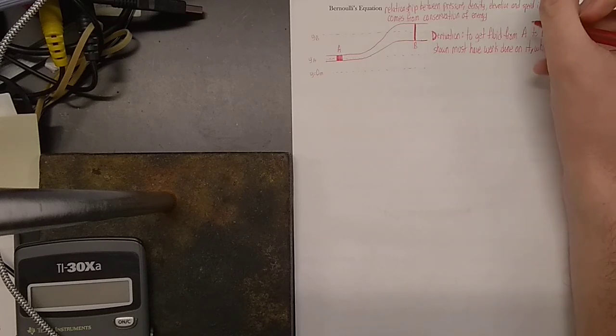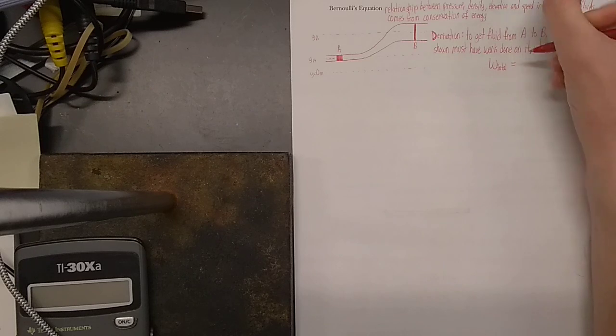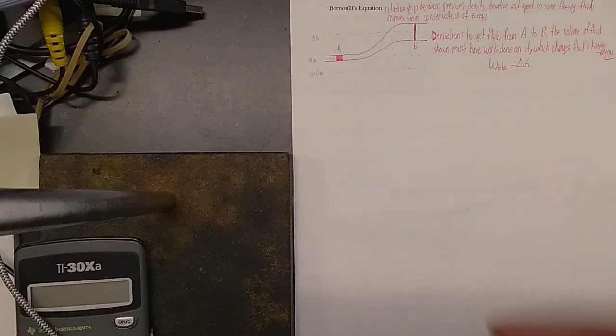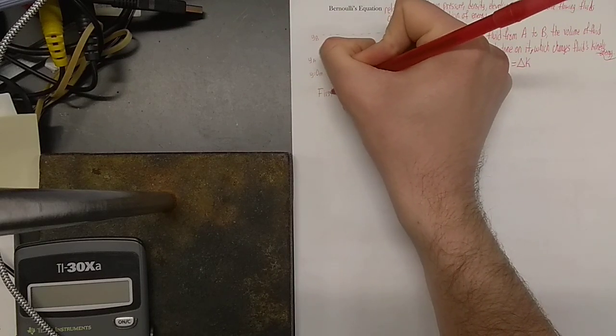And this idea is represented by this equation: the total work done is equal to delta K. So there's a bunch of different forces that end up doing work on this fluid. First one we're going to talk about is the force of gravity.